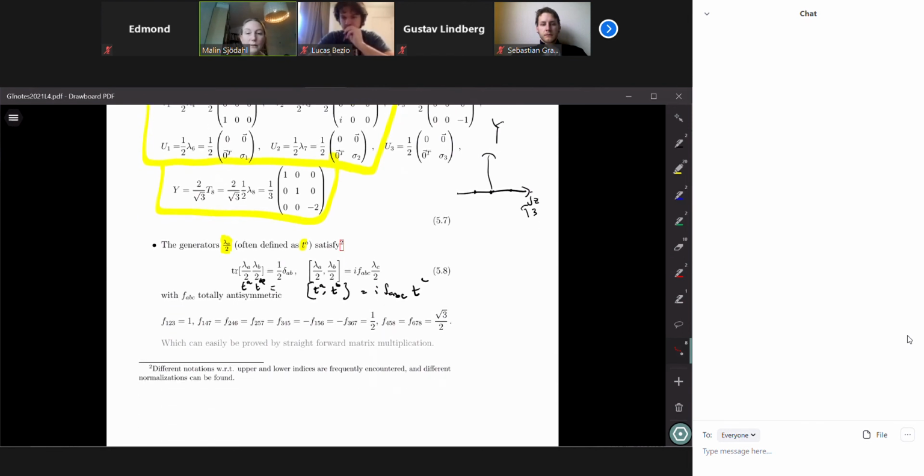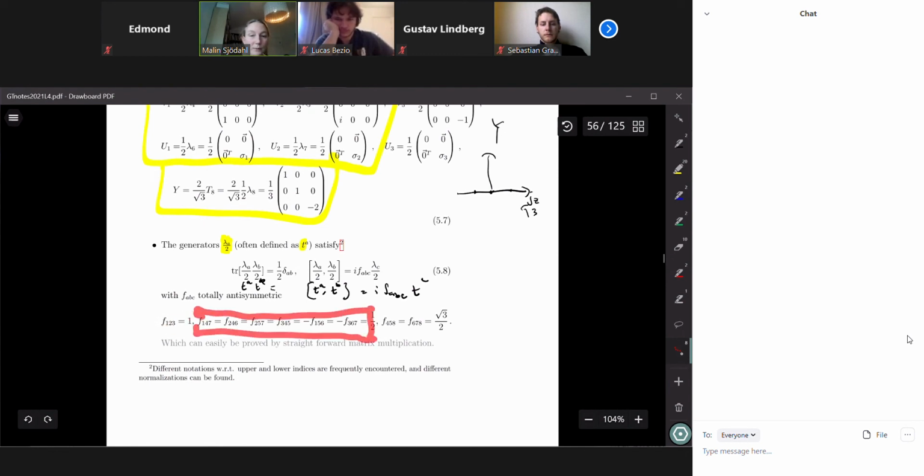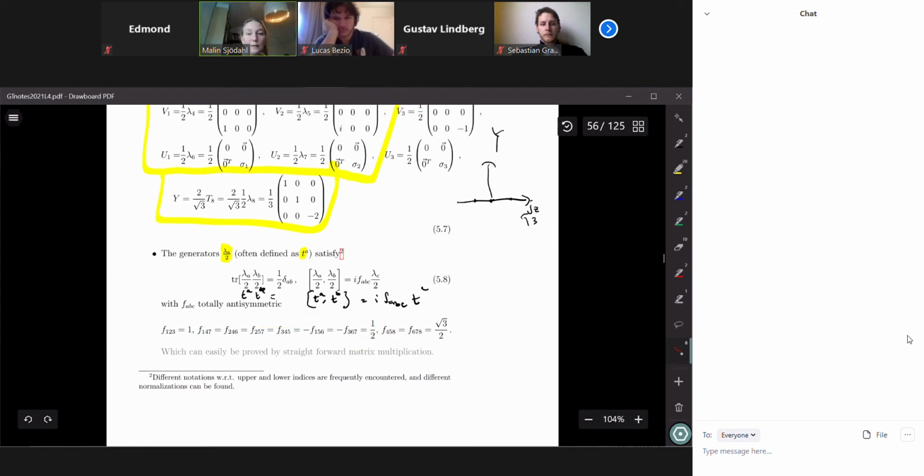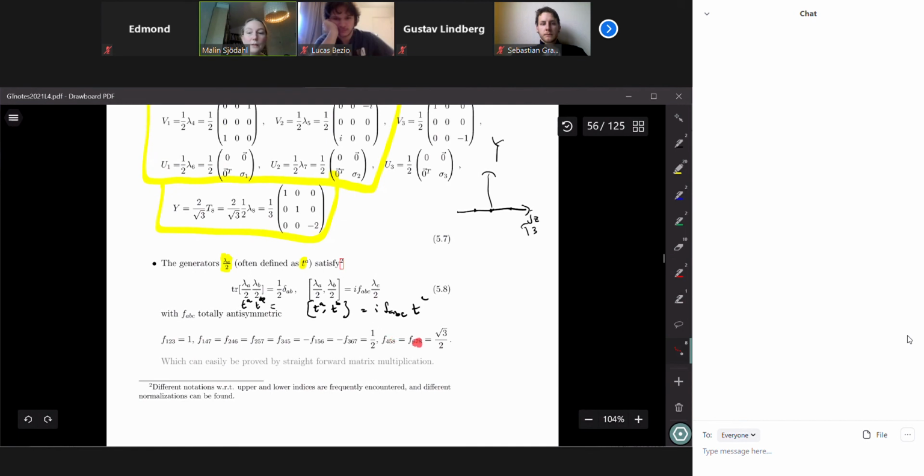So that is very easy and straightforward, and I will not do it, but if you look at it, you can see that they have different values. So f_123, for example, is 1. All of these matrices, up to a sign, is 1/2, and then we have the structure constants involving the odd guy here.